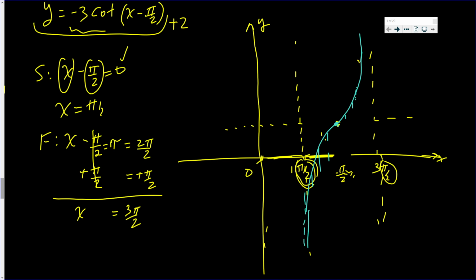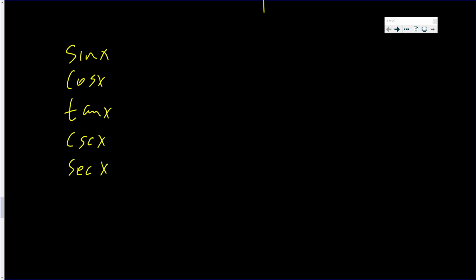So, what I want to do now is to give you this table that you should know. Sine x, cosine x, tangent x, cosecant x, secant x. Now, actually, let me put it in a different order.